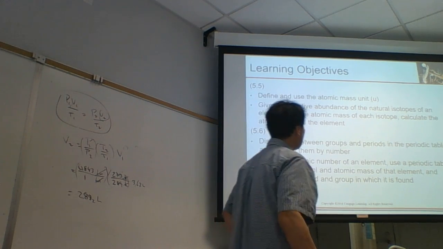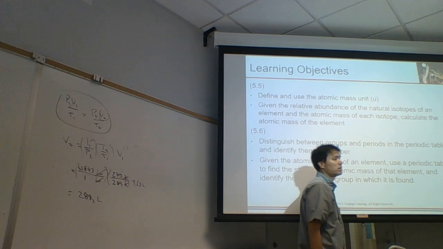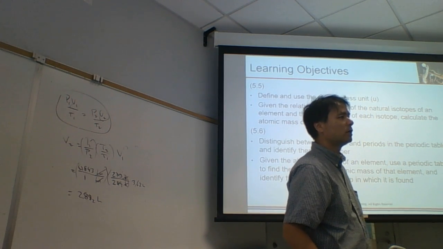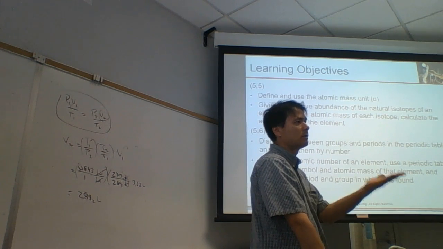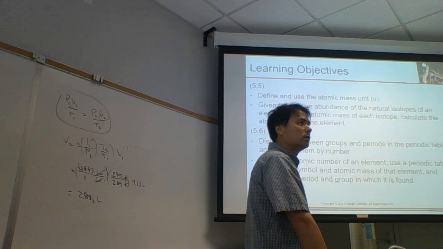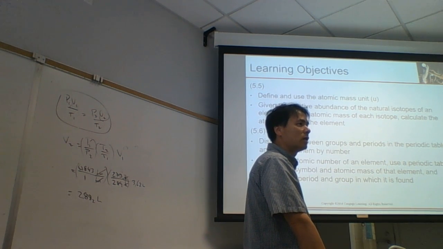There's something called the atomic mass unit. The atomic mass unit is convenient for weighing things like the hydrogen atom. The hydrogen atom weighs about 1 atomic mass unit. So how's the atomic mass unit defined?